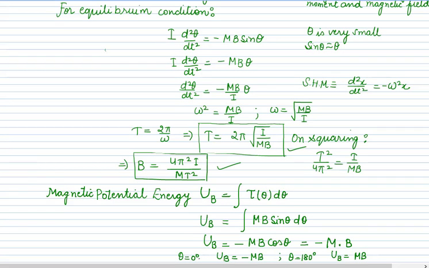That means when our compass needle is aligned along the magnetic field, then the potential energy is minimum, and that is the most stable position. So remember, the most stable position is when our magnetic compass is in the direction of magnetic field, and the maximum potential energy is when they are anti-parallel to each other, and this is the most unstable position.